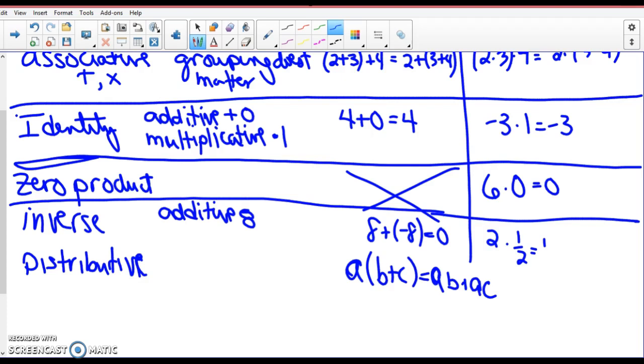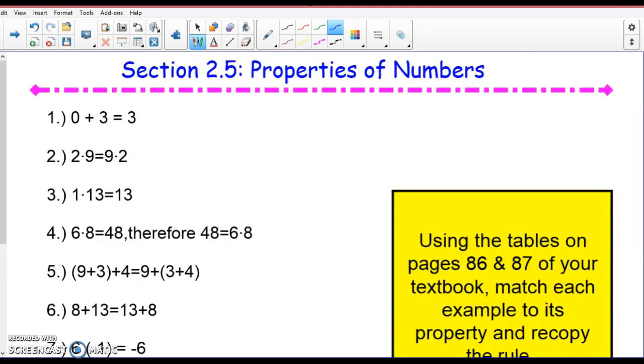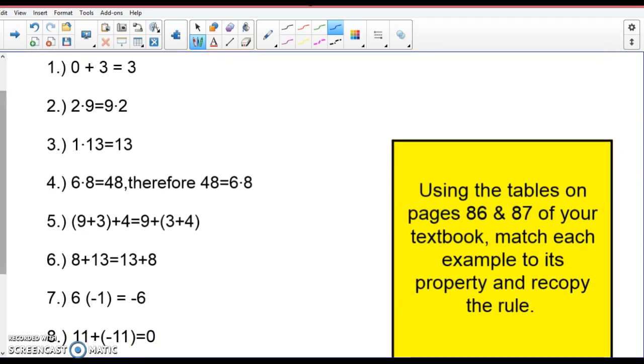All right. Now, in your note packet, find these. If you need more notes on this, on pages 86 and 87 in your book, there are some examples.